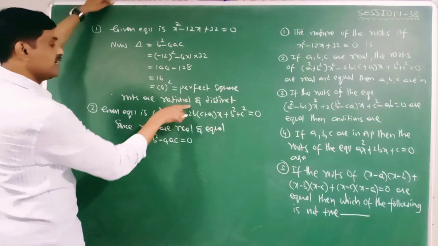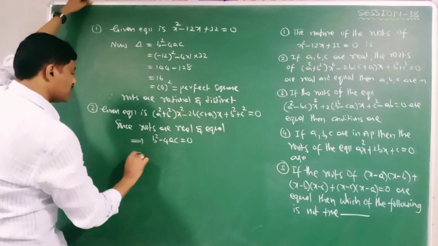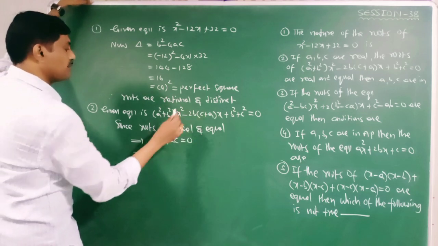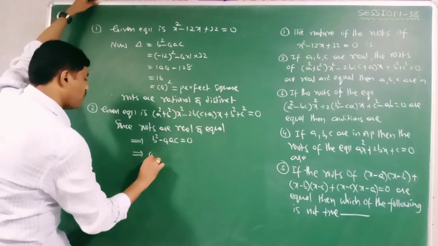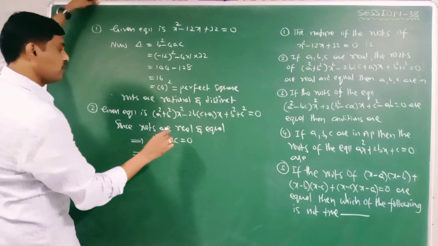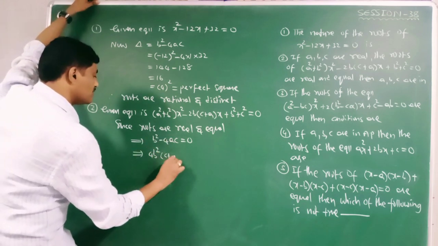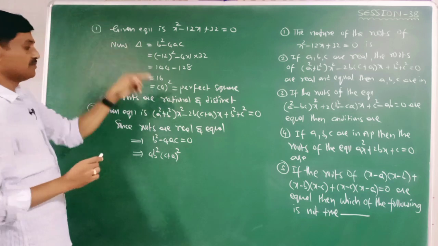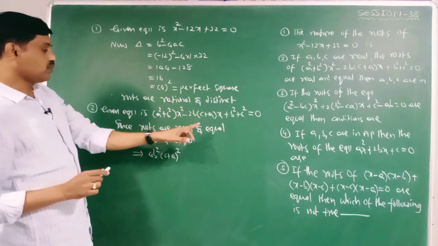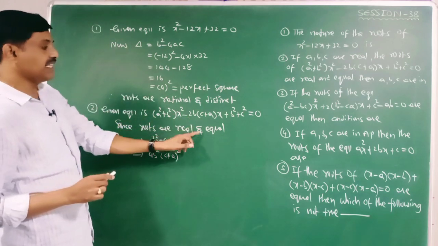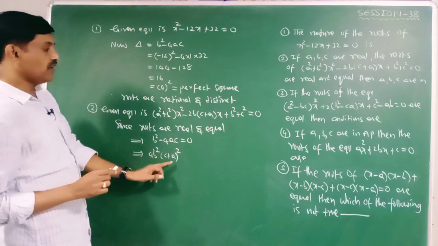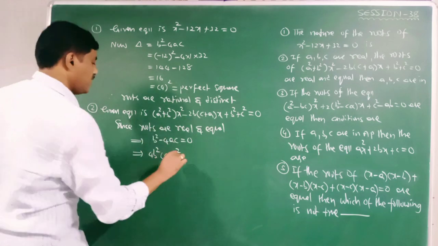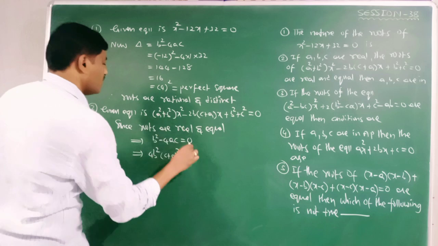What is b here? The x coefficient, that is minus 2b(c plus a), whole square, that is 4b square (c plus a) whole square. Since roots are real and equal, 4b square (c plus a) whole square minus 4 times, what is a?